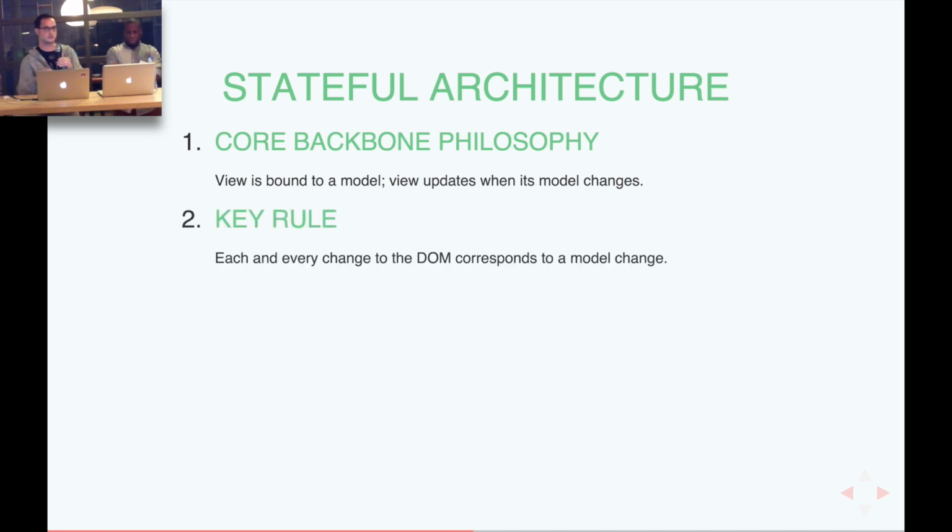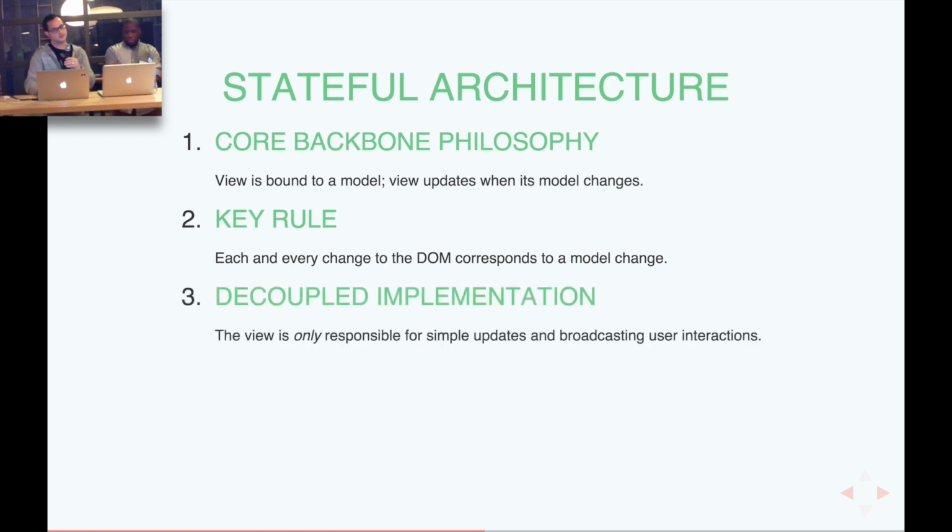The key rule of this, which many people shortcut within reason, and I think it's acceptable, but we're just sticklers for logical completion and perfection, is that each and every change to the DOM corresponds to a model change first. And we wanted a decoupled implementation where the view's only responsible for simple, in fact really dumb, updates, and for broadcasting user interactions based on DOM events.